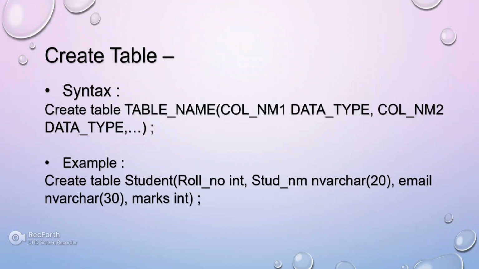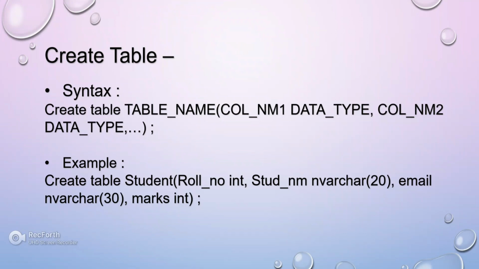Student is a table name. Roll number is a column name. And int is a data type. That means data of the roll number column are of integer type. Then next column name is student name. Then nvarchar. Nvarchar is a data type which holds the characters.